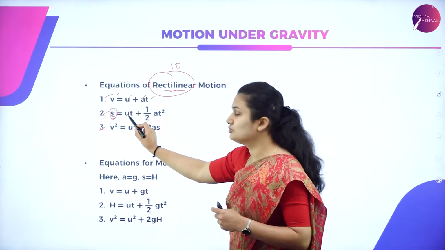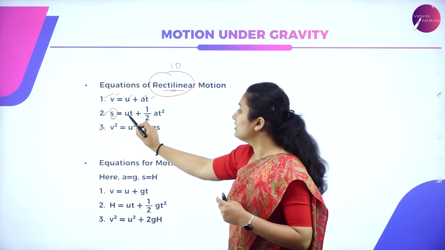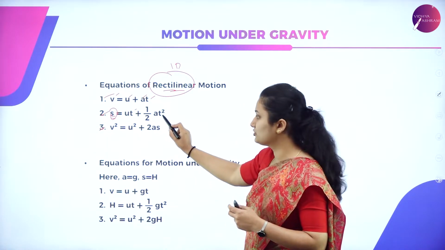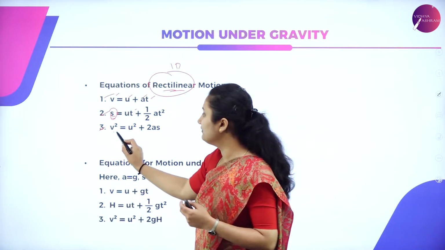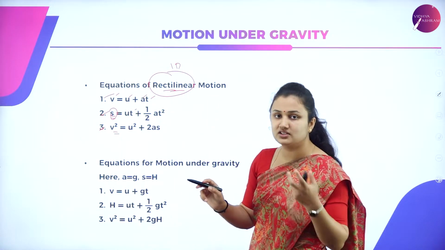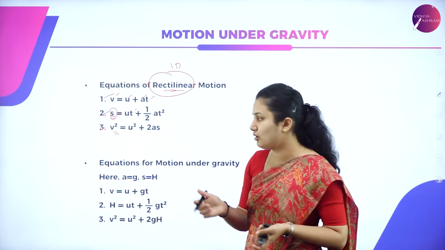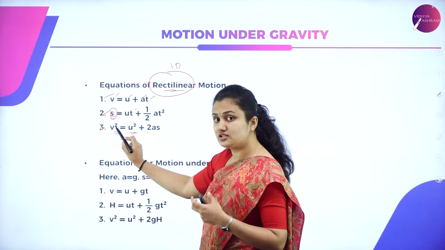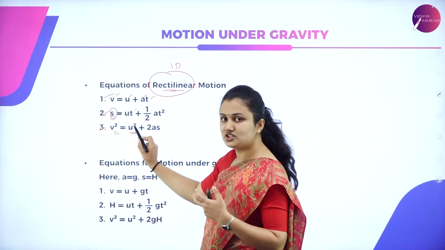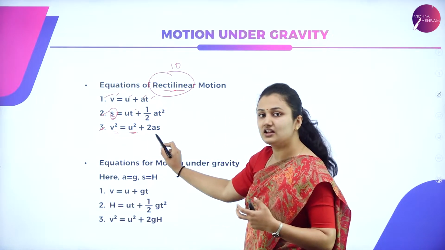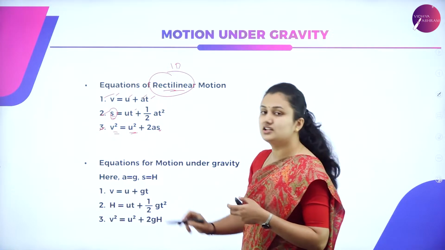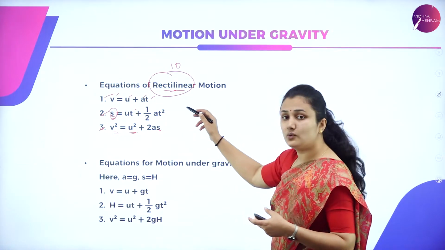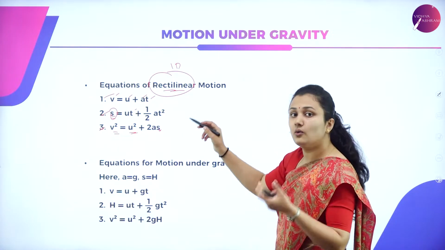S is equal to UT plus half into acceleration into time square, where U is the initial velocity and T is time. Third, if you want to calculate the velocity of the object, we take the third equation of motion: final velocity square is equal to initial velocity square plus 2 acceleration into S, where S is your displacement or distance. So these are the equations of motion in one dimension.